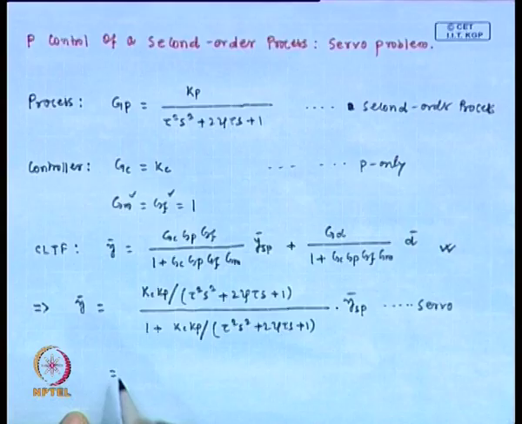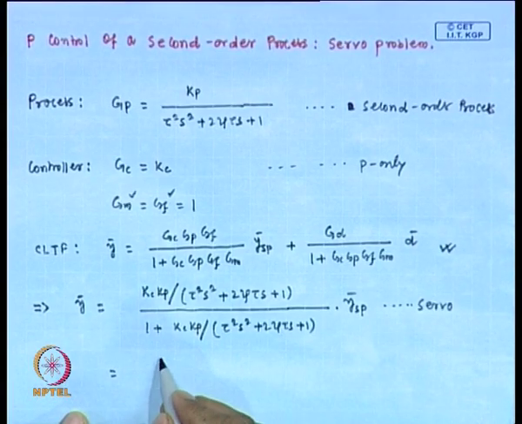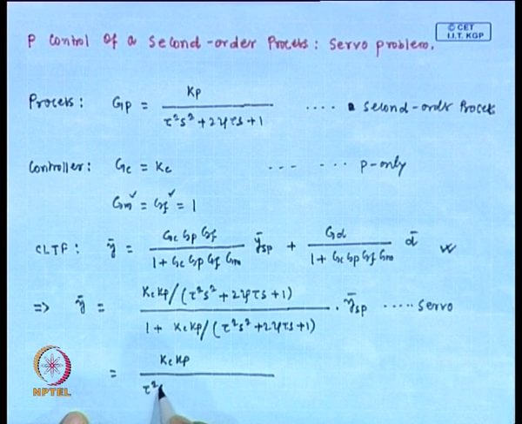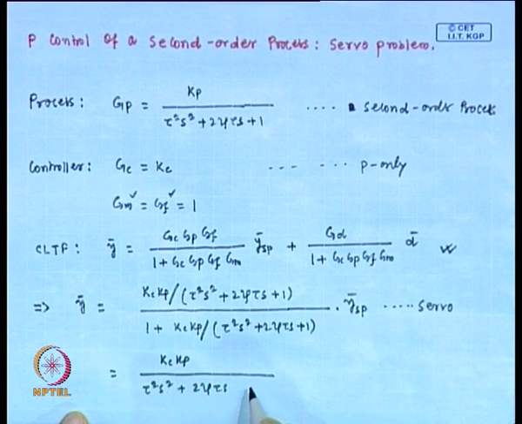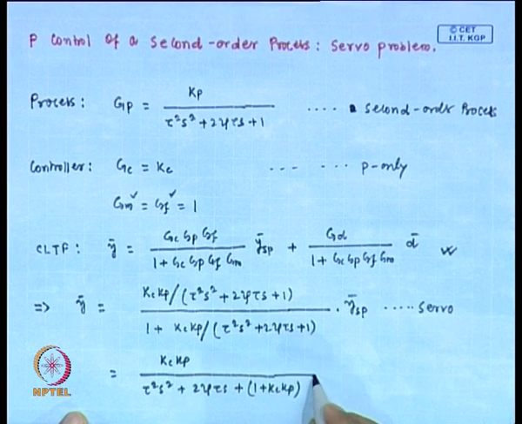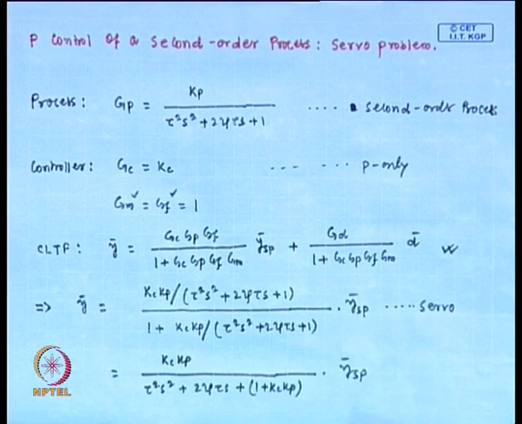Now, if we simplify it, we will get Kc Kp divided by tau square s square plus 2 zeta tau s plus 1 plus Kc Kp, multiplied by y set point bar.